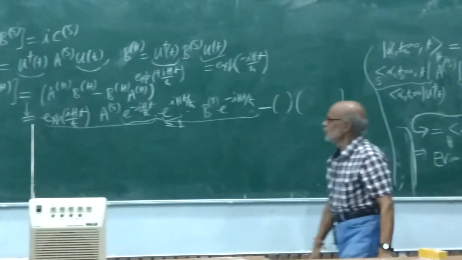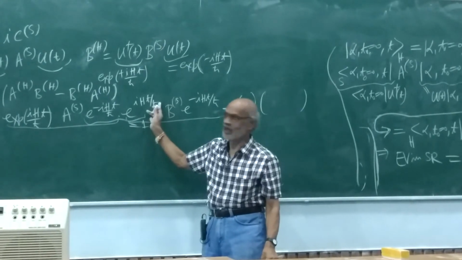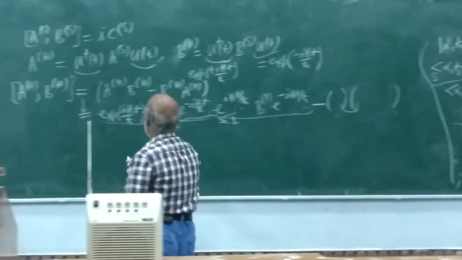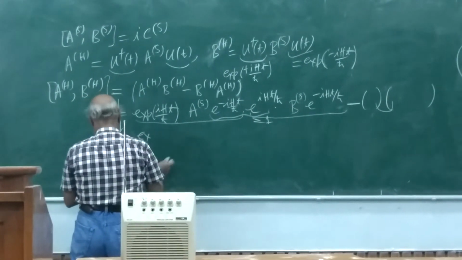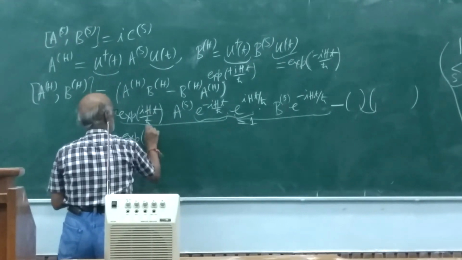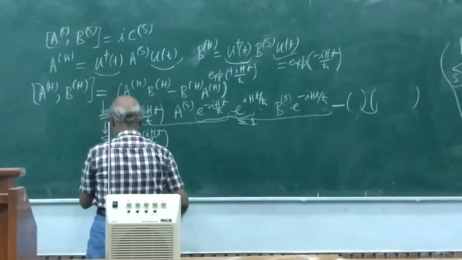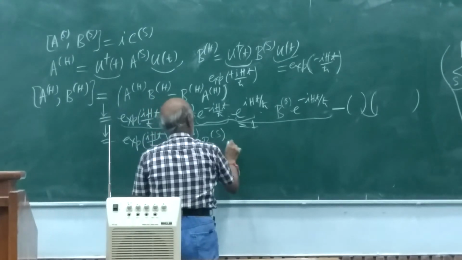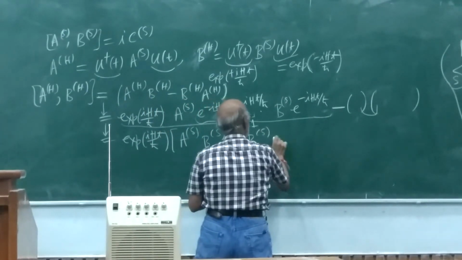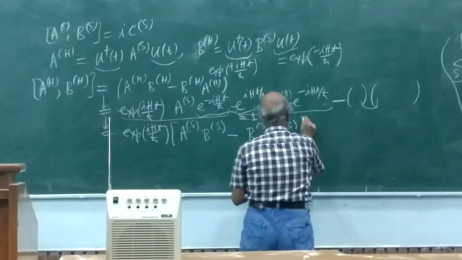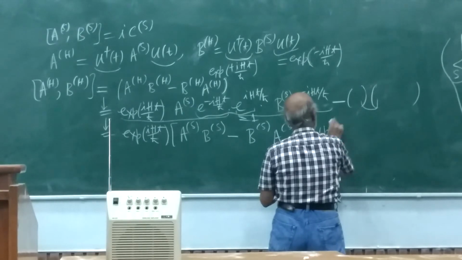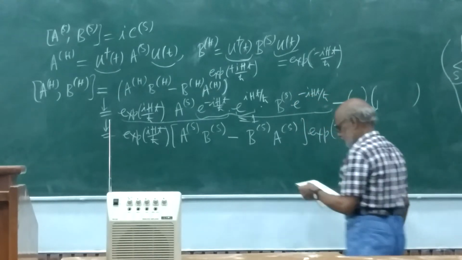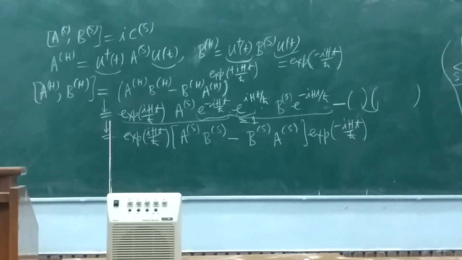This is U dagger U, which is 1. Similarly here, in the center, U dagger U would be 1, and therefore what I would get is the exponential of the prefactor and A of S, B of S minus B of S, A of S into the exponential. Can you check this?